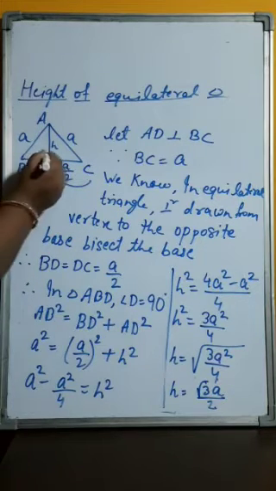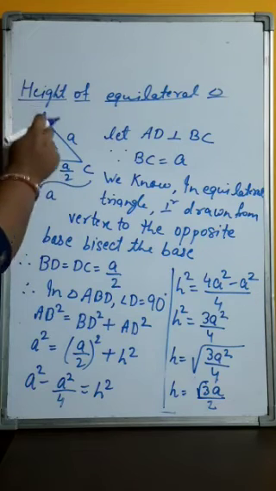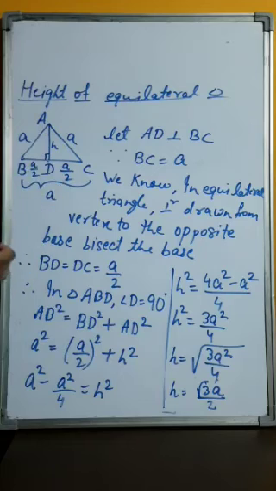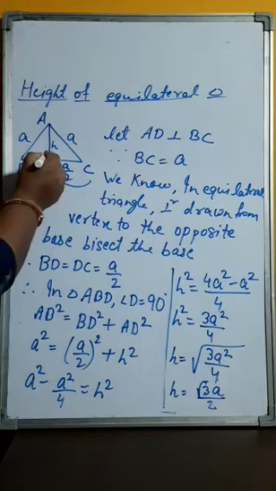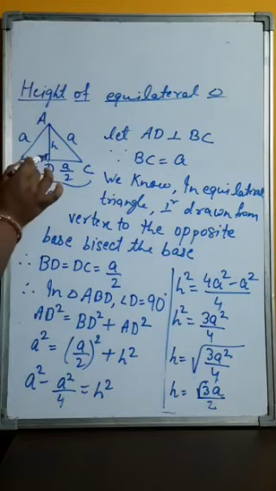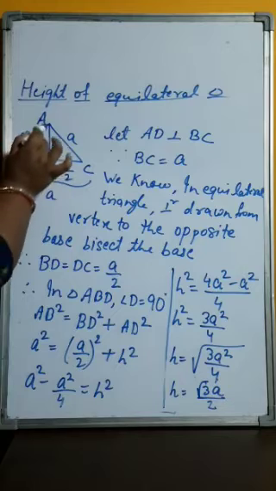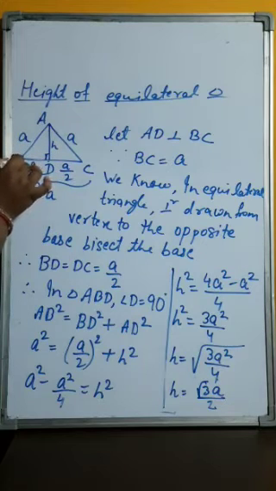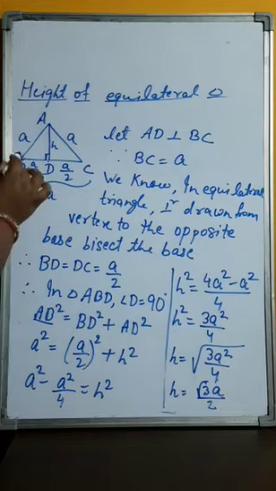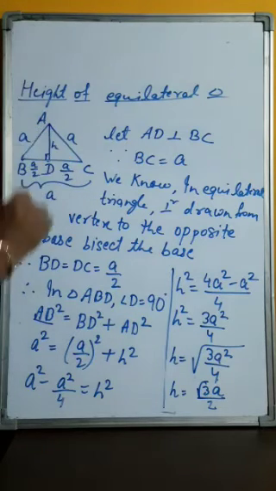Now you see, since we have dropped a perpendicular from A on BC, triangle ABD becomes a right triangle in which angle D is 90 degrees. Now we can apply the Pythagoras theorem. The side which is opposite to angle D is AB, so it will become the hypotenuse. We can write hypotenuse square, that is AB square, is equal to BD square plus AD square.